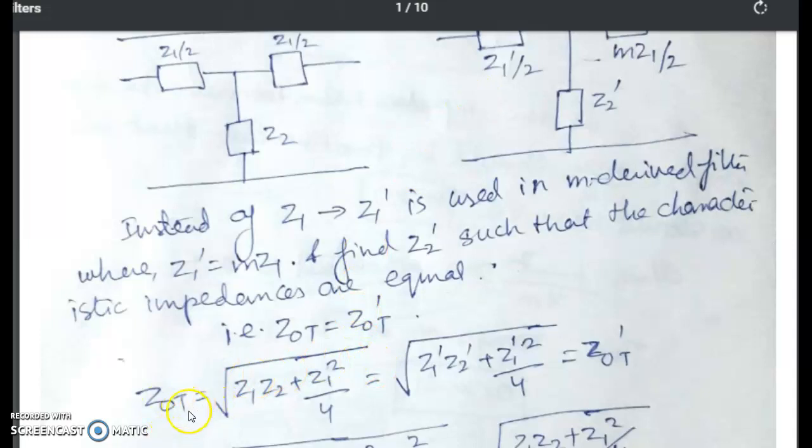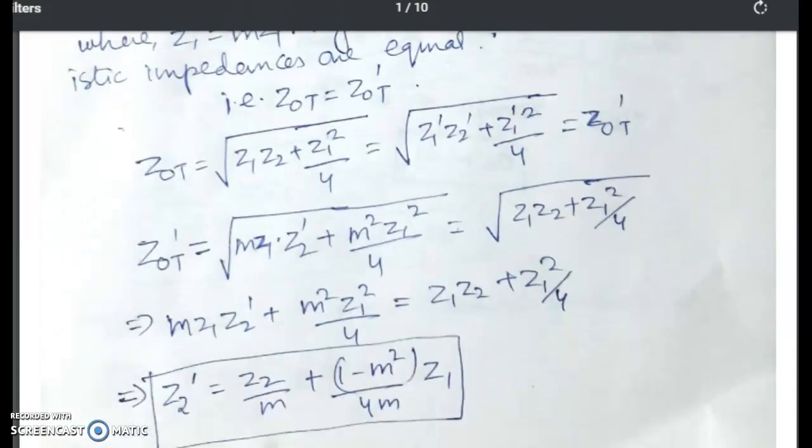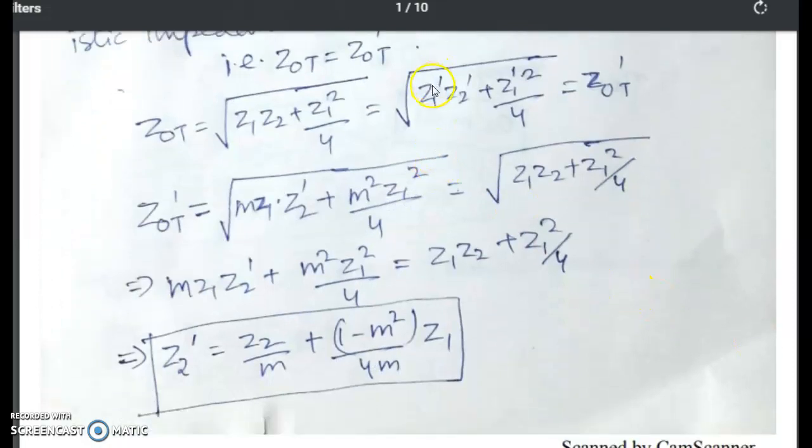In the case of constant K filter, the characteristic impedance of T network is given by under root of Z1 Z2 plus Z1 square by 4. It should be equal to the characteristic equation of the M derived filter, that is under root of Z1 dash Z2 dash plus Z1 dash square upon 4. When we equate these two equations and replace Z1 dash which is equal to MZ1, we get that Z2 dash is equal to Z2 upon M plus (1 minus M square) upon 4M into Z1.